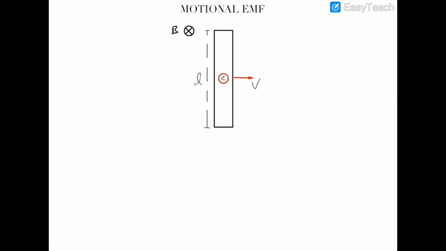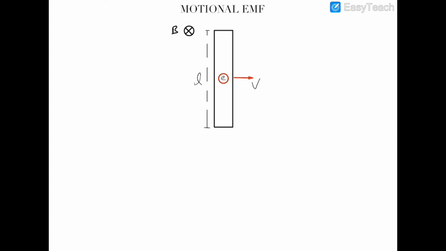So if this electron is a part of this rod and the rod is moving in the magnetic field, this electron should be moving in the magnetic field in the direction of the rod, and therefore a magnetic force would be acting on this electron. Now we know that by using Fleming's left hand rule we can find out the direction of magnetic force acting on this electron.